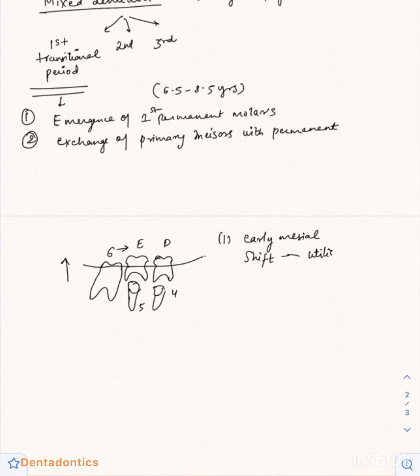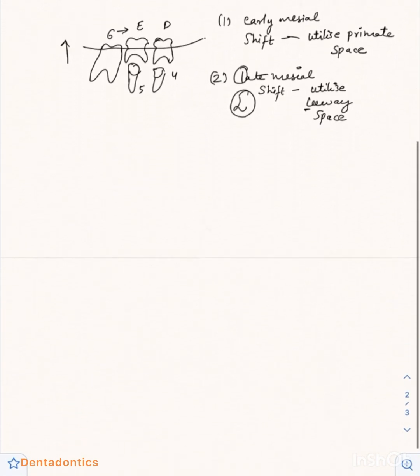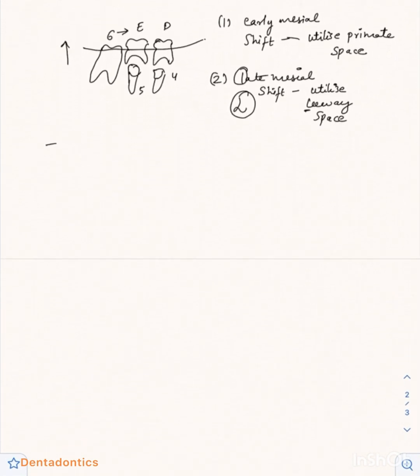And when there is no primate space, in those cases the first permanent molar will try to push the primary second molar by utilizing the leeway space, which is present 1.8 mm in maxillary arch and 3.4 mm in mandibular arch. This occurs in case of late mesial shift.